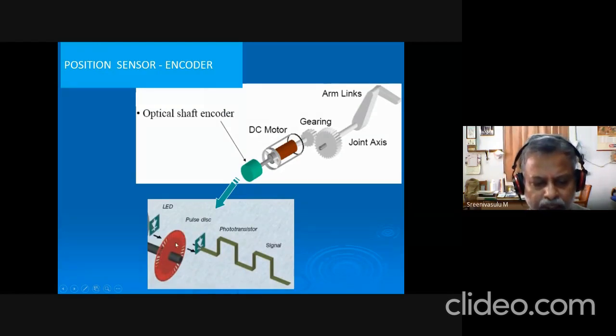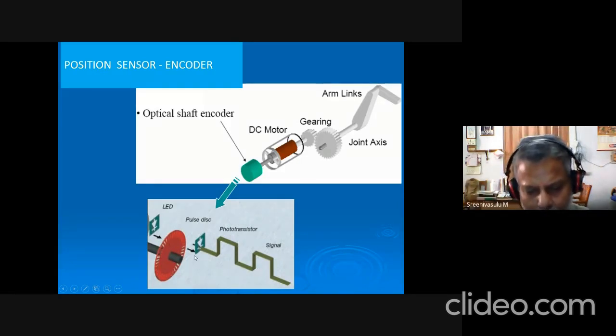You have an emitting diode, you have a sensor, and that receiver will receive the signal like this, because whenever the slot is there for this emitting source, that time it is on, meaning 1. Whenever the obstruction comes in between, that time it is off, meaning 0. So this is for 0, this is for 1.